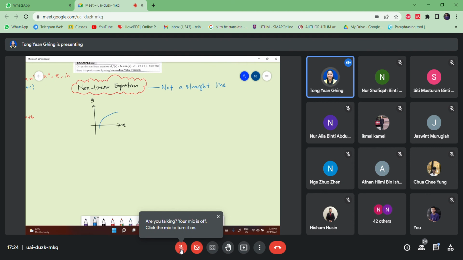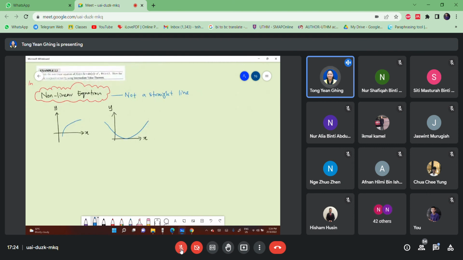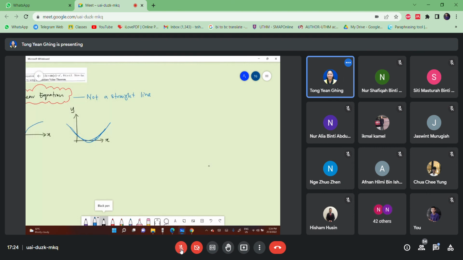It can be like this, or it can be a graph like this. Maybe it goes downward. Or it can be a graph like this maybe. So this is a non-linear equation.